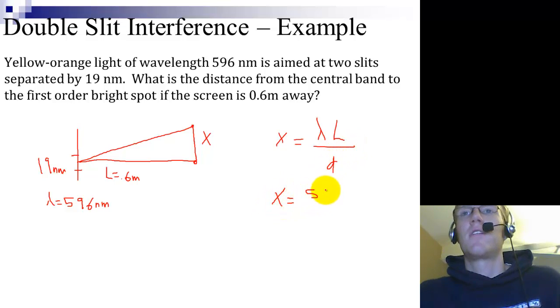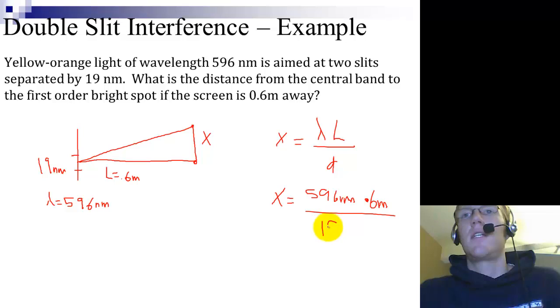Lambda is 596 nanometers, L is 0.6 meters, and d is 19 nanometers. Notice I didn't have to convert nanometers because they cancel out.